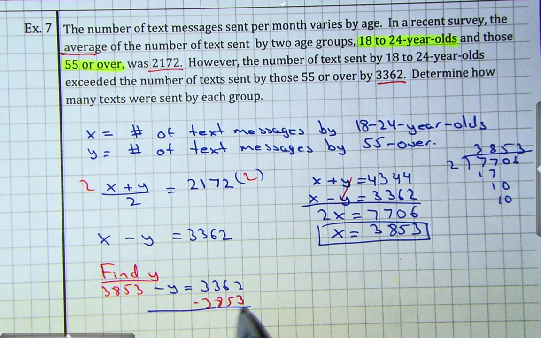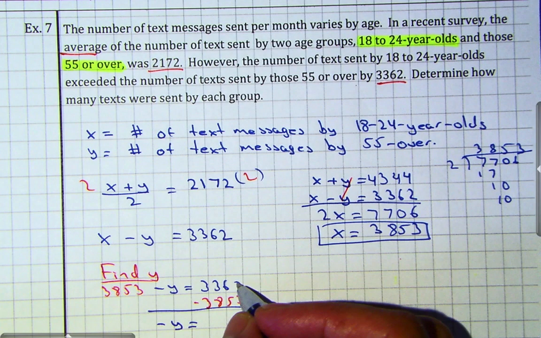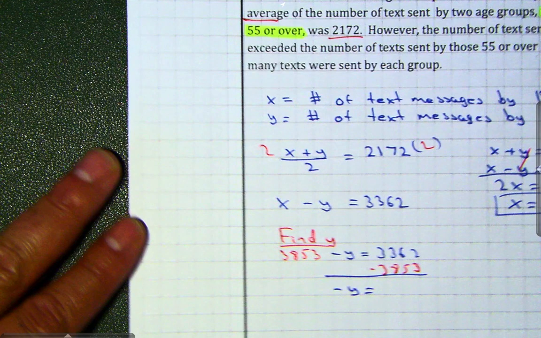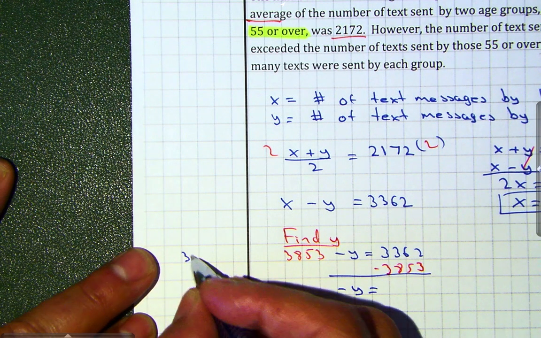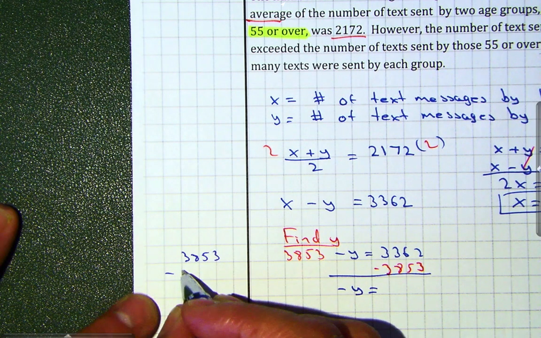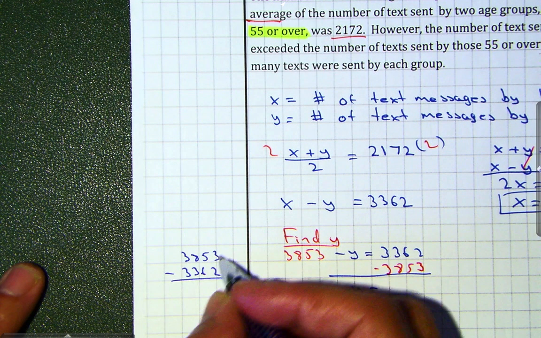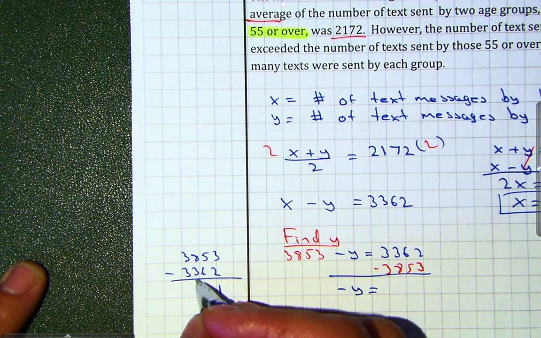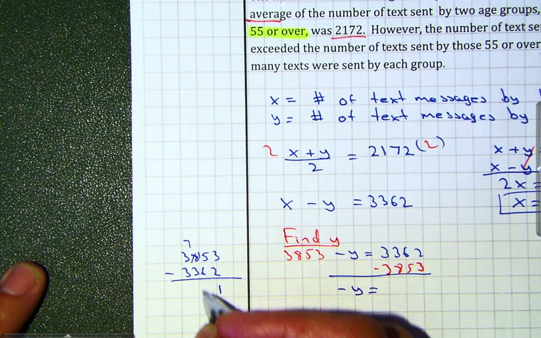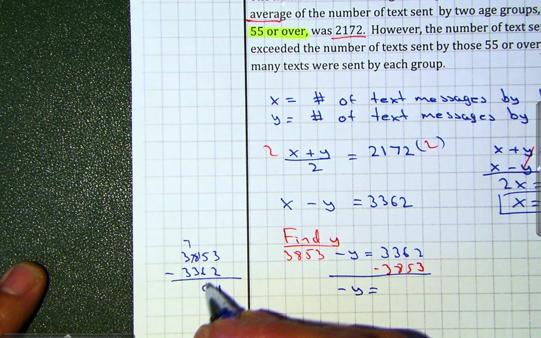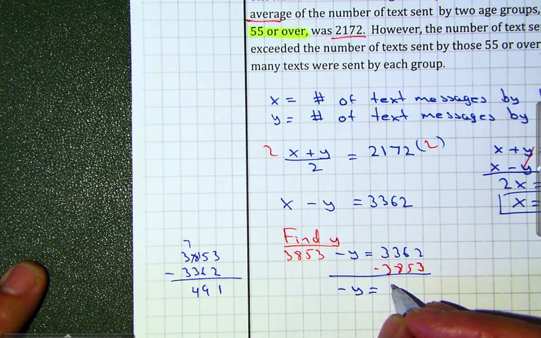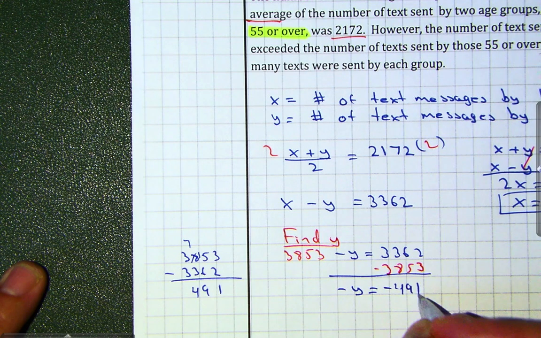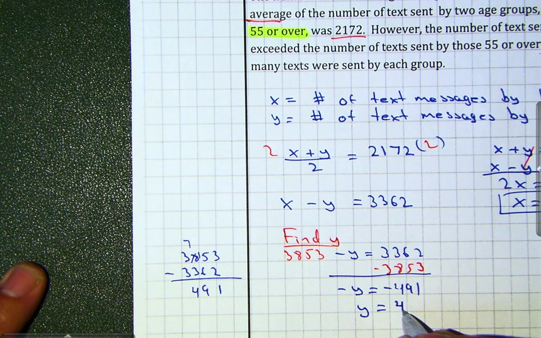That gives me a negative number. Negative y equals, let me place my larger number over here. So therefore it'll be 3853 minus 3362. Subtract, borrow 1. So that's 7, that's 15, which is 9. That is 4. So I'll have negative 491. So therefore y is equal to 491.